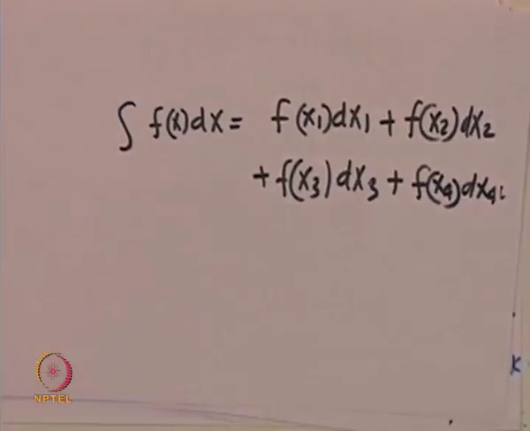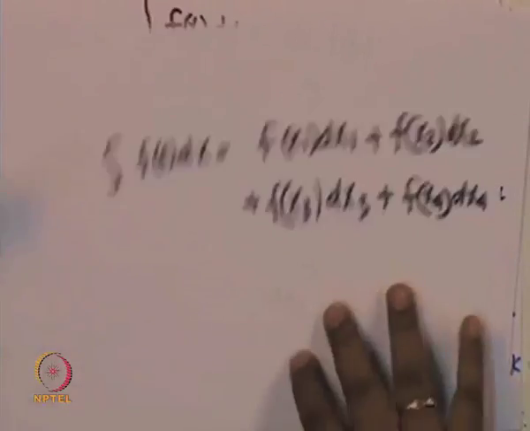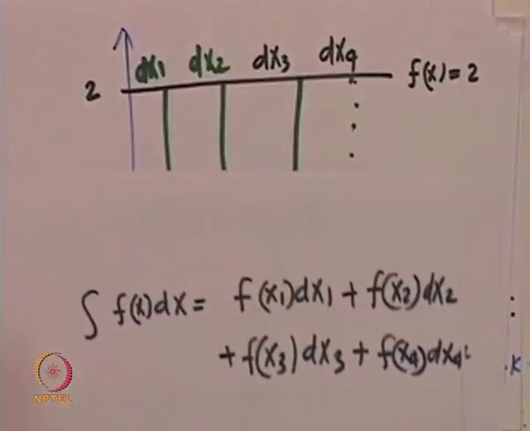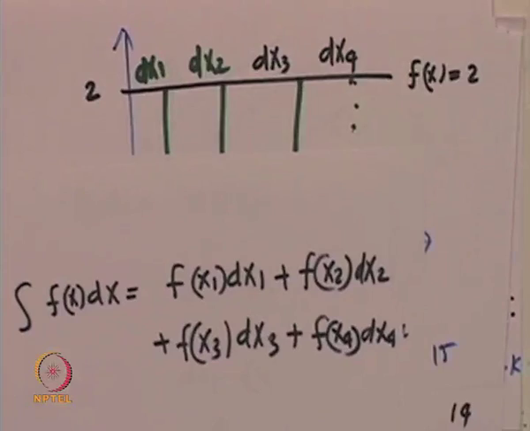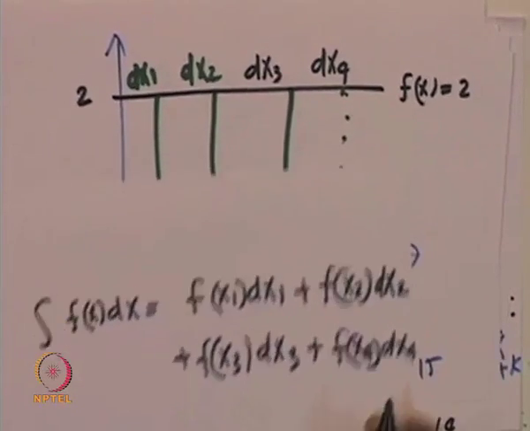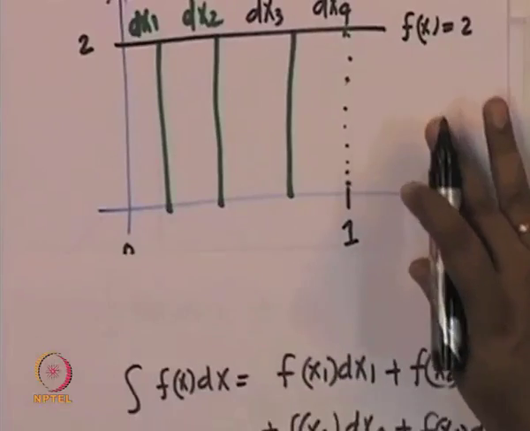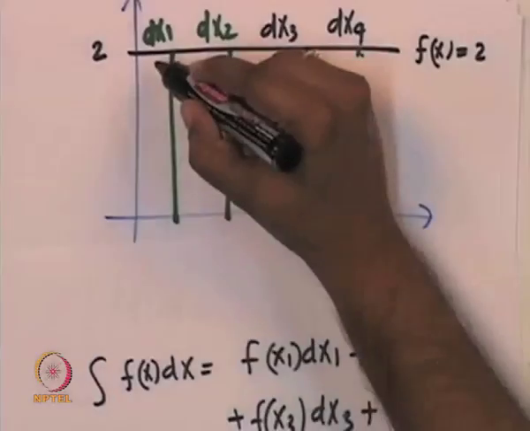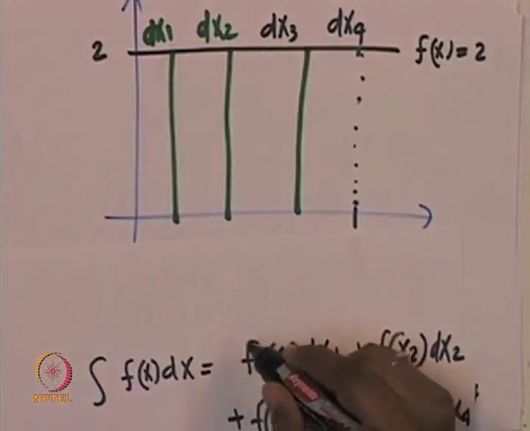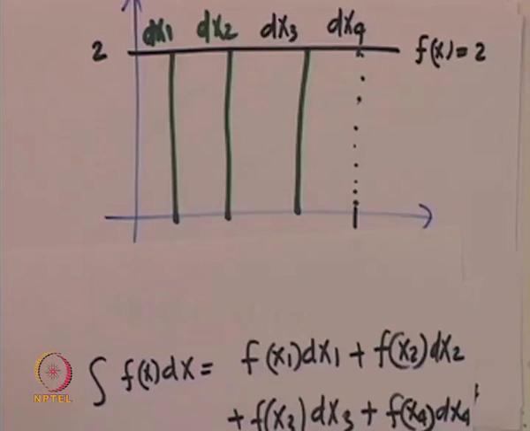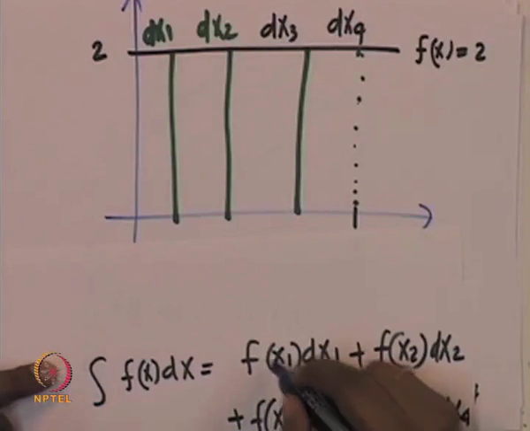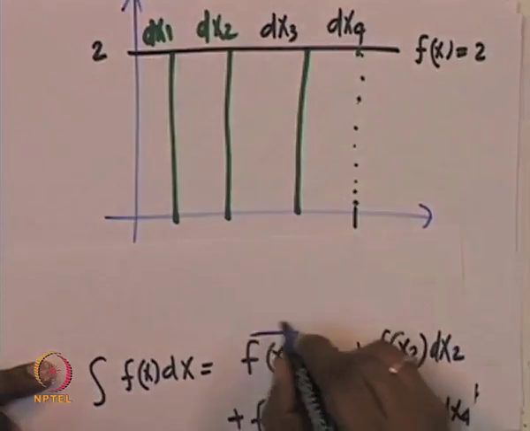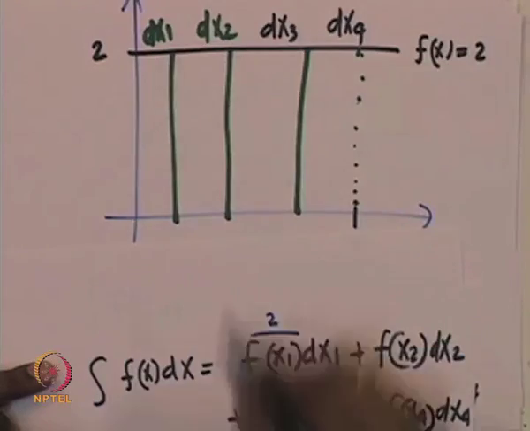What does this f of x1 into dx1 mean? f of x1 is somewhere in the first interval, where we want to calculate the function value. F of x1 is nothing but 2. So, the function value f at any point x1 anywhere here is 2 itself, into dx1.